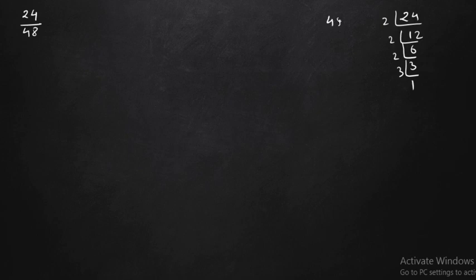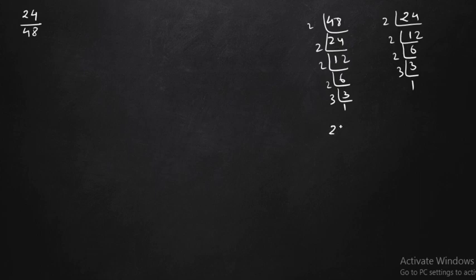Suppose we have 24 by 48. Let us find the common divisors of 24 and 48 using prime factorization. For 24: 2 12s are 24, 2 6s are 12, 2 3s are 6 and 3 1s are 3. And again for 48: 2 24s are 48, 2 12s are 24, 2 6s are 12, 2 3s are 6 and 3 1s are 3.